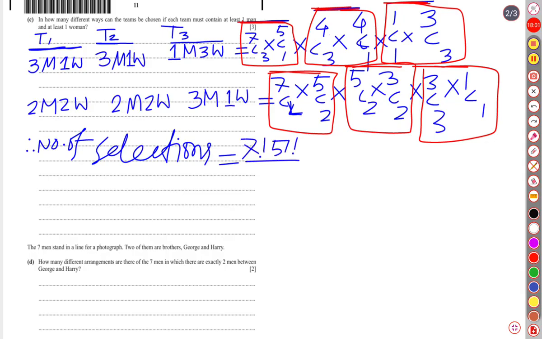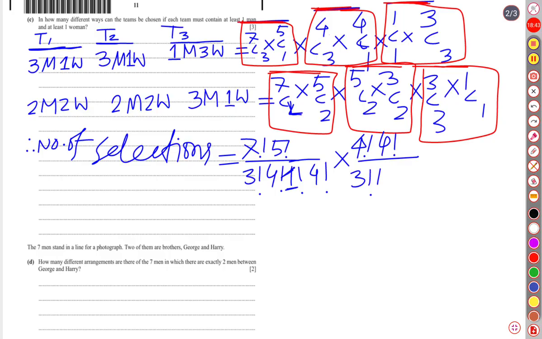Then the denominator is going to be 3 factorial into 4 factorial, 4 factorial into 1 factorial into 4 factorial. This is for the first team. I am ignoring the multiplication symbol due to the shortage of space. Then for the second team, the numerator is 4 factorial into 4 factorial. Denominators are 3 factorial into 1 factorial.